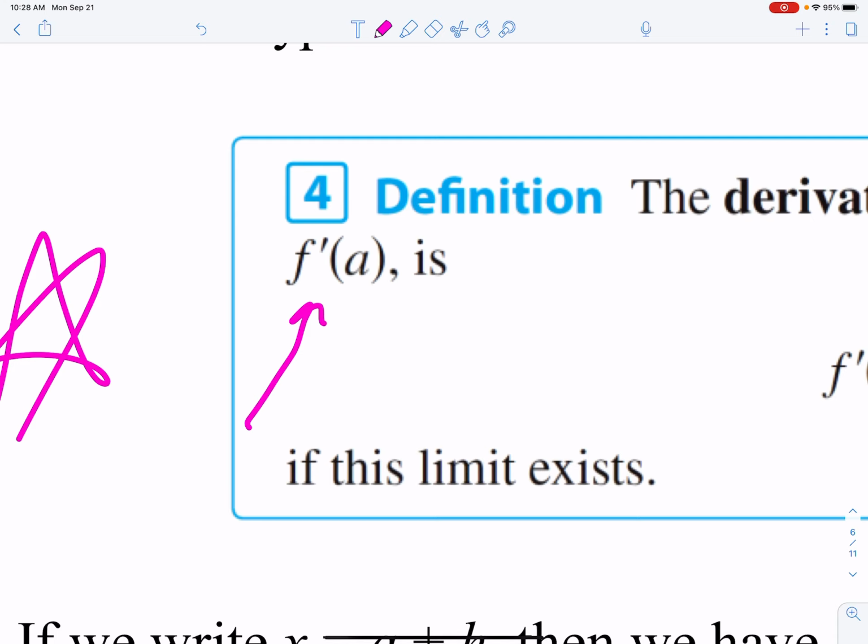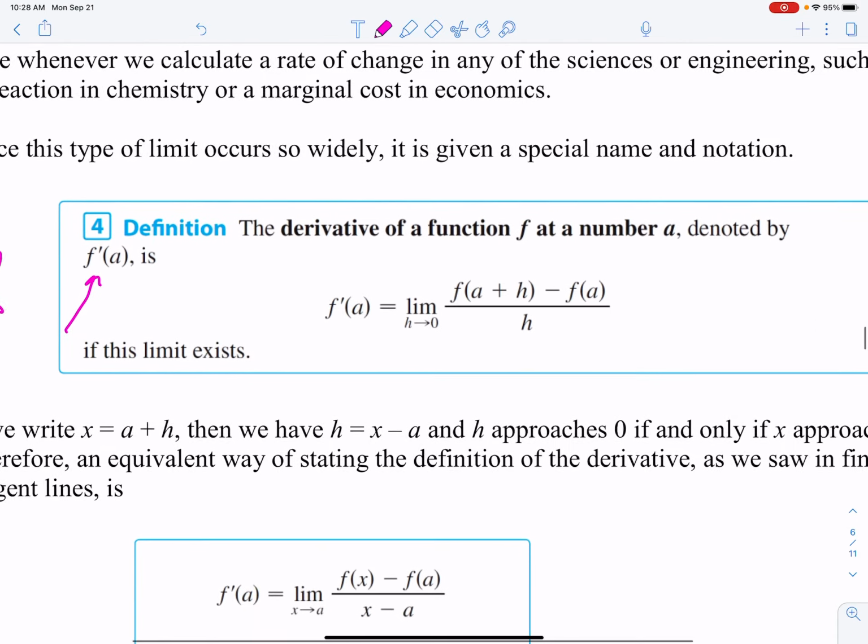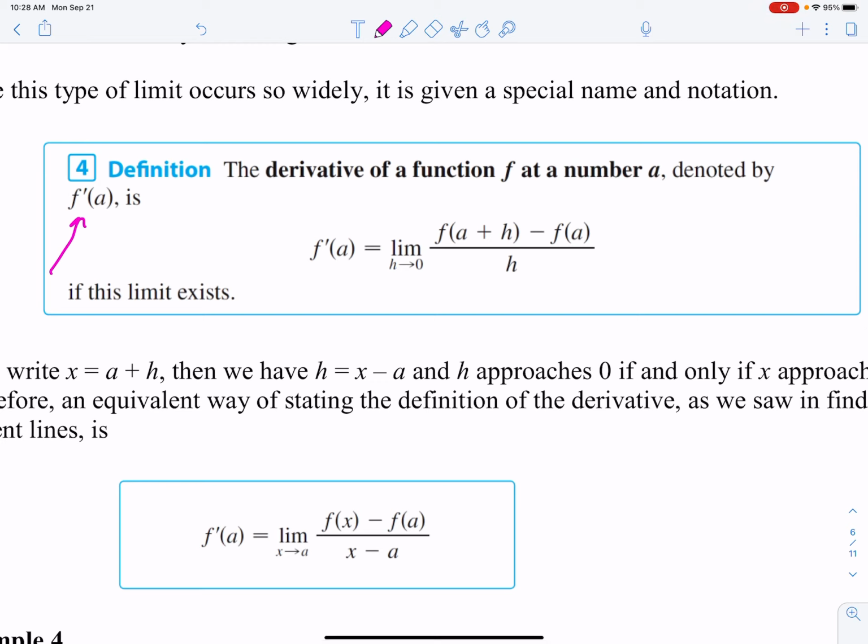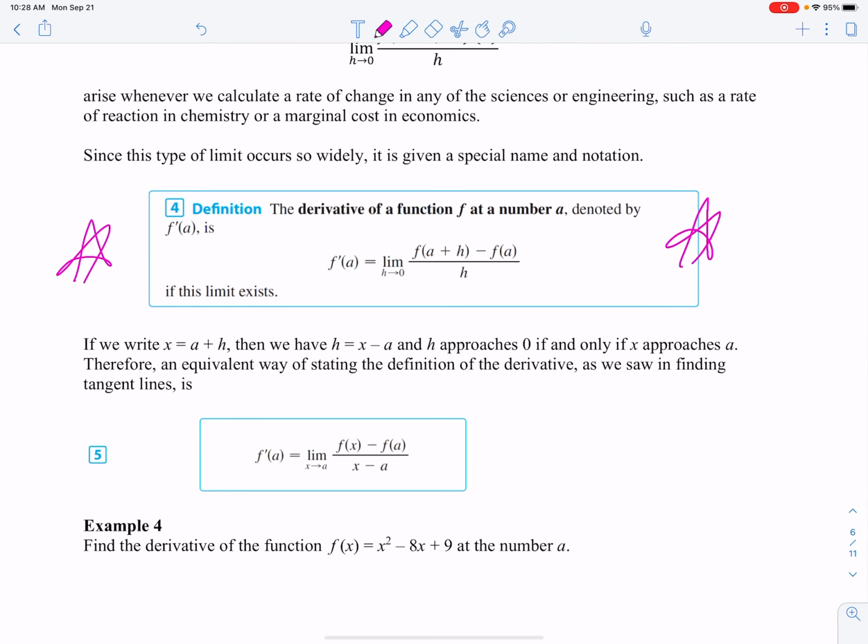Okay, f prime of a just means the derivative at a. So f prime of a, the derivative of your function at a, equals the limit as h approaches 0 of the difference quotient. Okay, so again, extremely important that you know this. Very, very important.